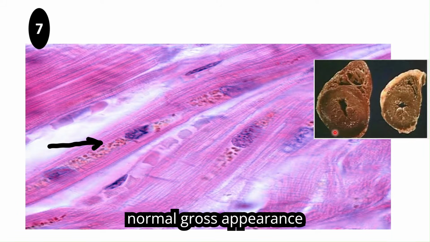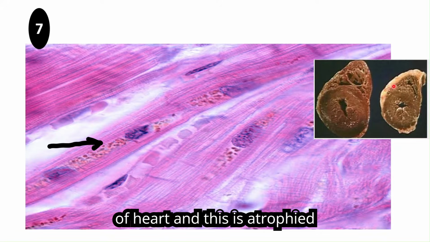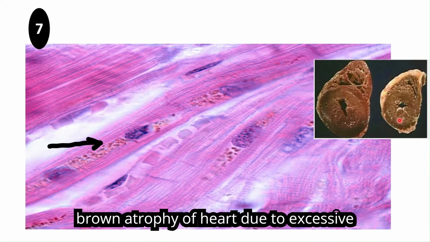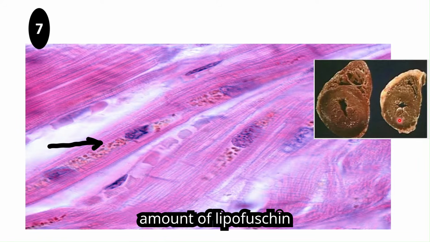So this is the normal gross appearance of the heart, and this is an atrophied brown pigmented heart. So it is called brown atrophy of heart due to excessive amount of lipofuscin pigment.